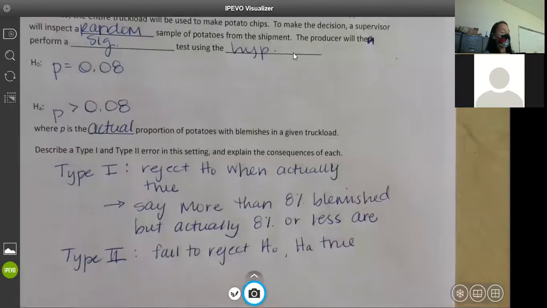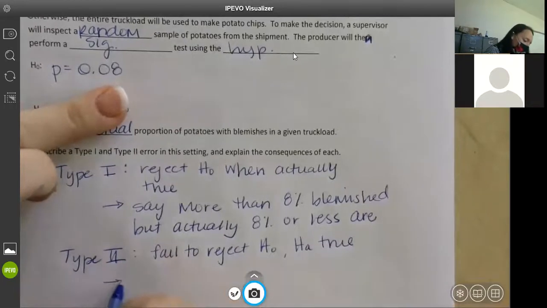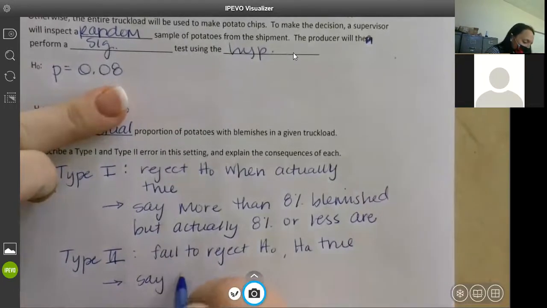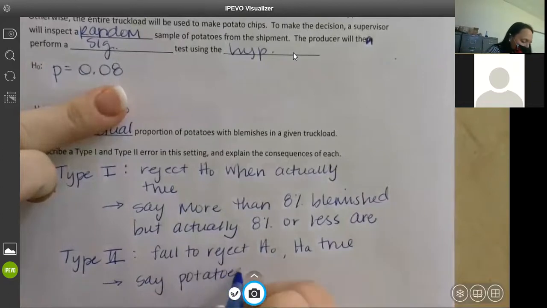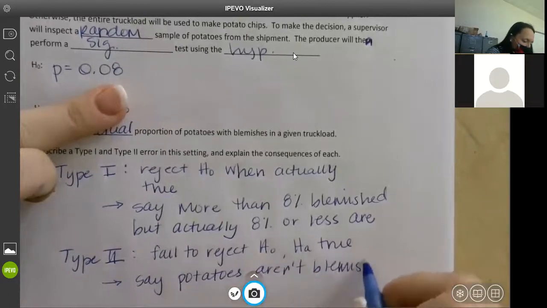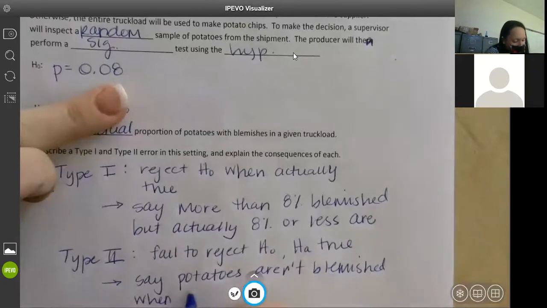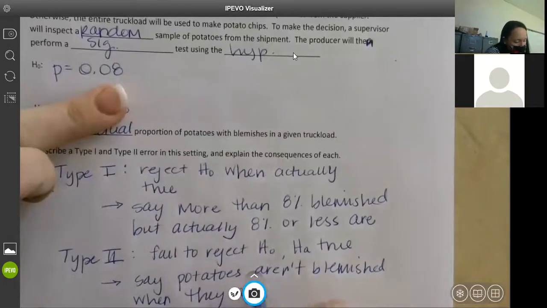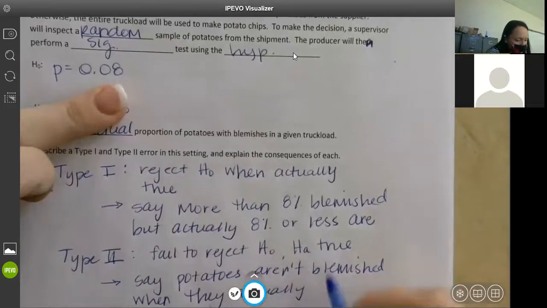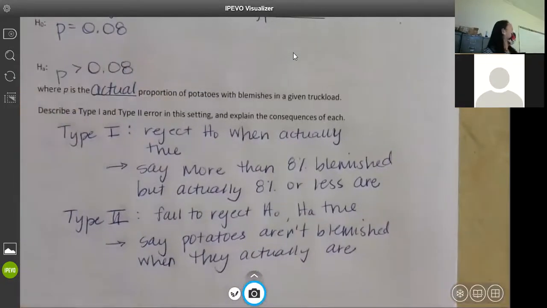So that means if we fail to reject H sub O, then we're keeping H sub O. So that means we would say the potatoes aren't blemished when what? They actually are. What's that going to cause? Why?